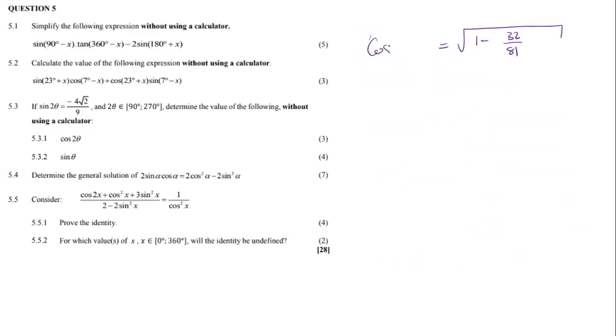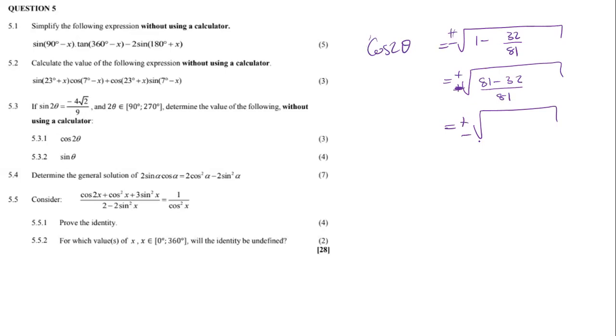This is cos 2 theta. And then from here, you're going to add these guys together. You're going to have 81 minus 32 divided by 81. And then what is 81 minus 32? Oh, do not forget to put your plus or minus over there, right?